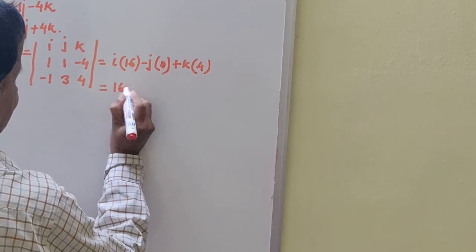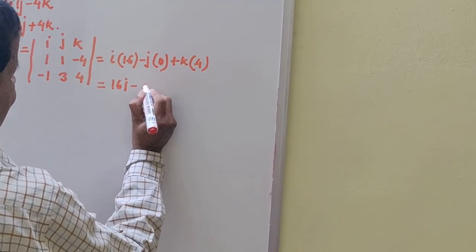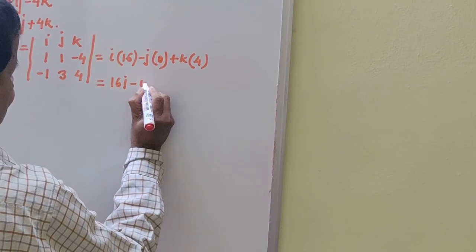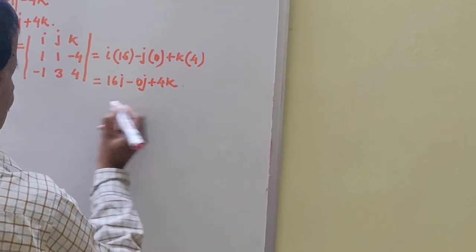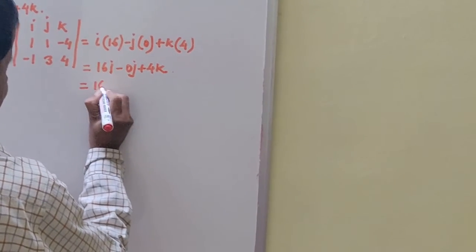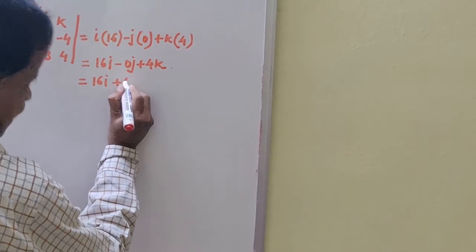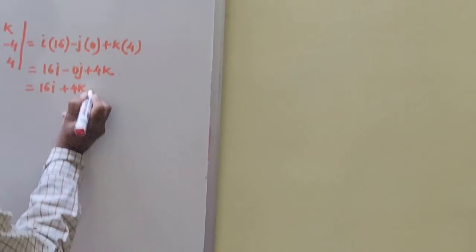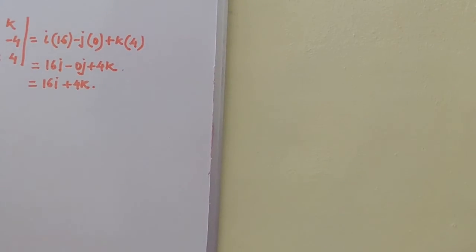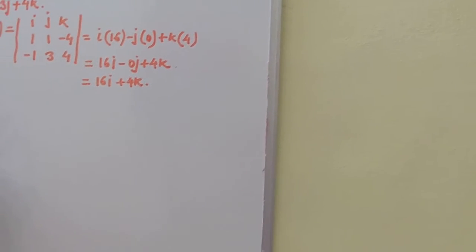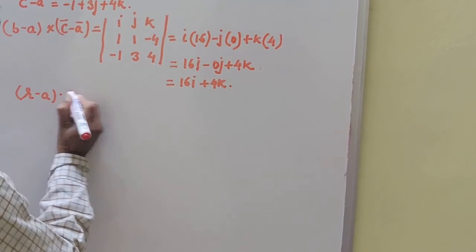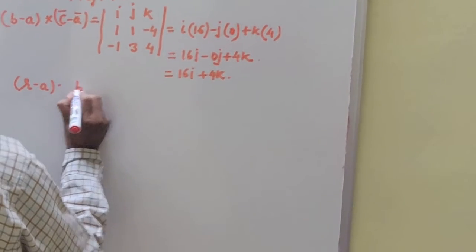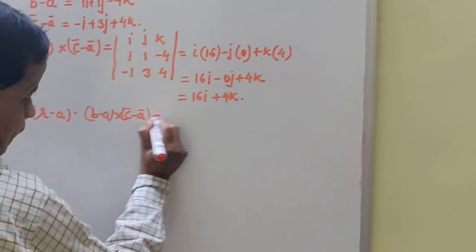It is 16i minus 0j plus 4k. Okay. Now this can be written as 16i plus 4k. Okay. Now I know the formula for this is (r minus a) dot (b minus a cross c minus a) is equal to 0.